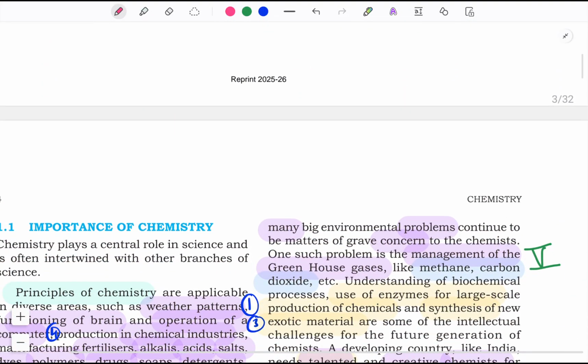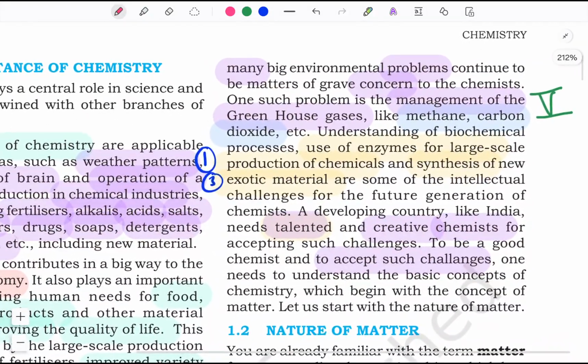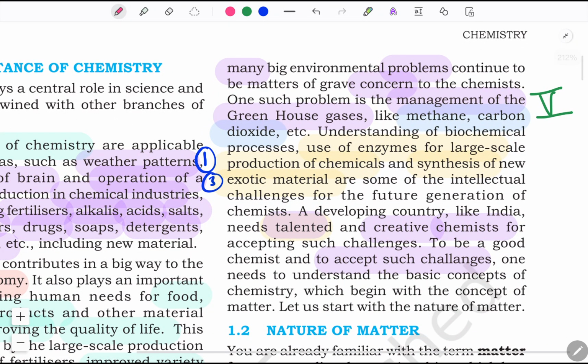After that, we also understand that there are problems related to management of greenhouse gases. This is extremely important for examination. Once again, I would like to tell you this point, what are the greenhouse gases. So these gases are like, for example, carbon dioxide is one of the greenhouse gases.